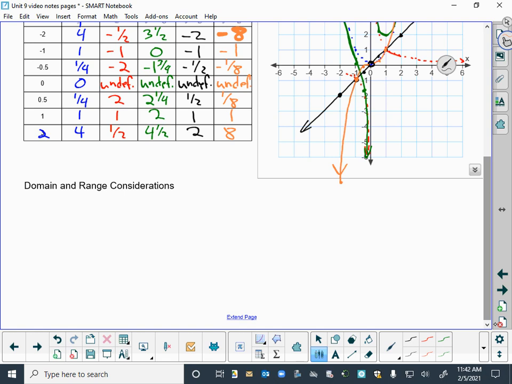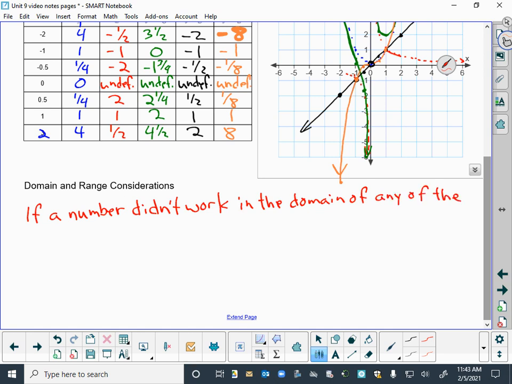So comments that we can make here are that if a number didn't work in the domain of any of the original functions, then it can't be used in any of the combinations.